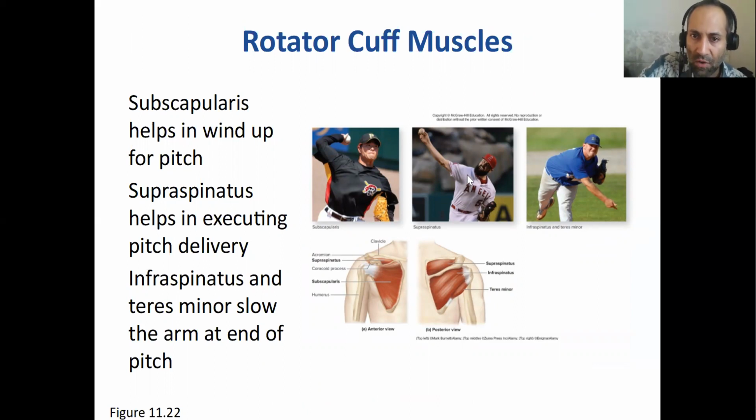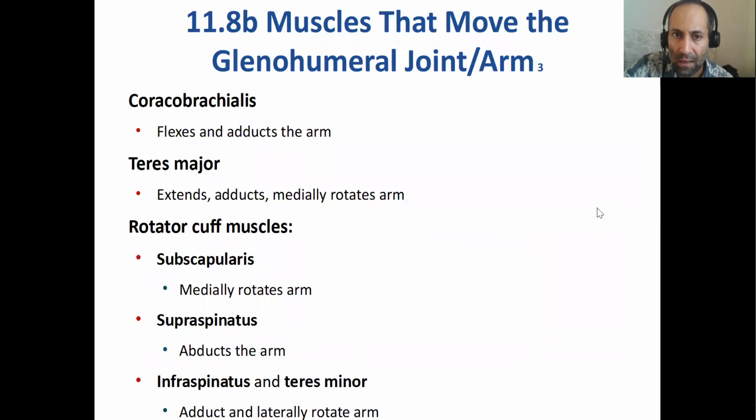And this is a good picture to explain what each of those muscles do, what kind of motions. So the subscapularis here, right? It helps in winding up for the pitch. Just as you release the ball, it's your supraspinatus. And after you follow through with the action here, that would be your infraspinatus muscle, okay?